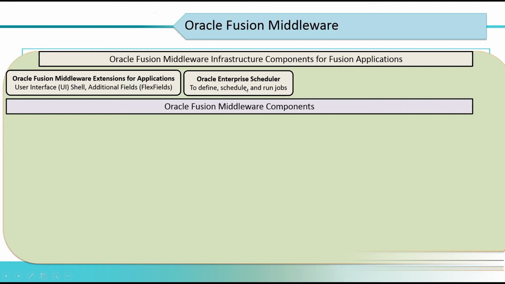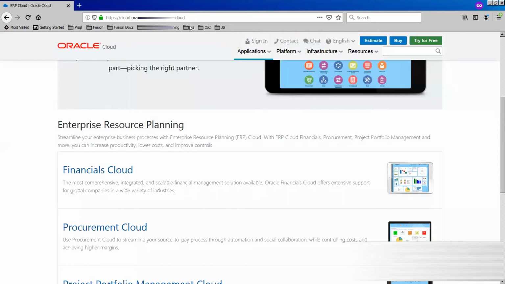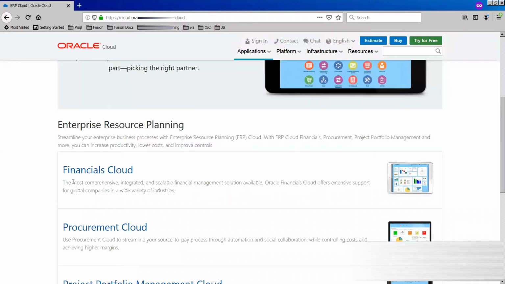And the third thing is the Oracle Enterprise Crawl and Search Framework. It's a framework where you can search for any task across the application. Example, let us say I want to search for what is HCM, or sign in.